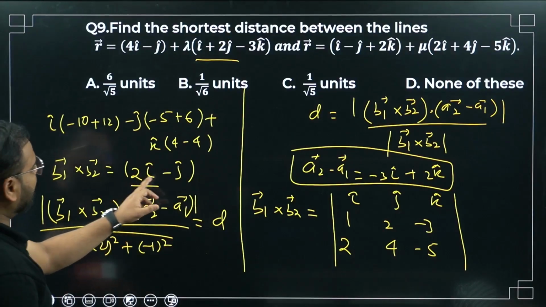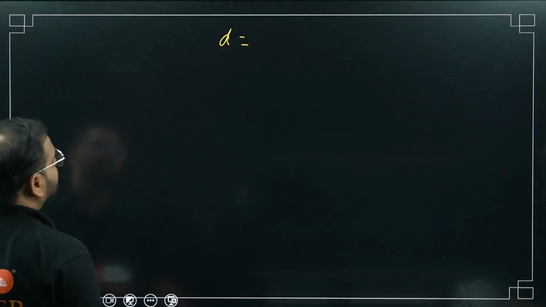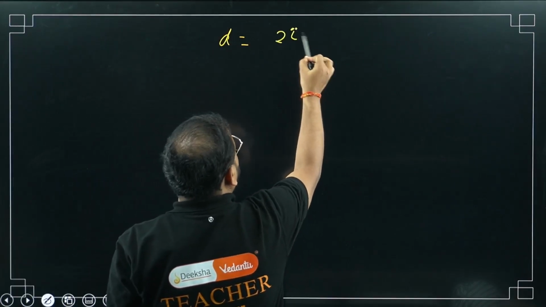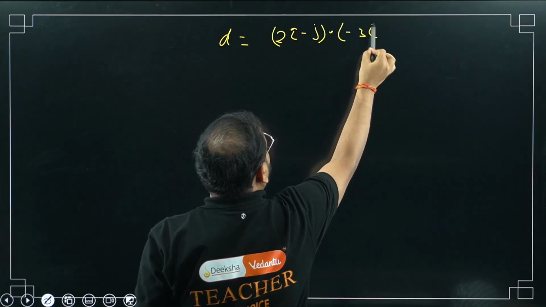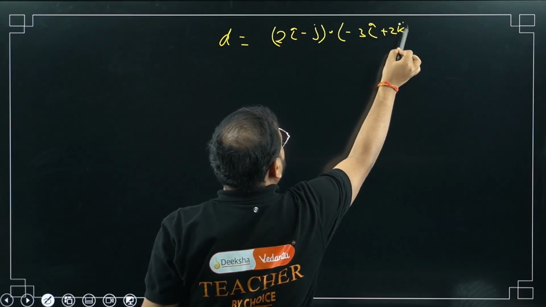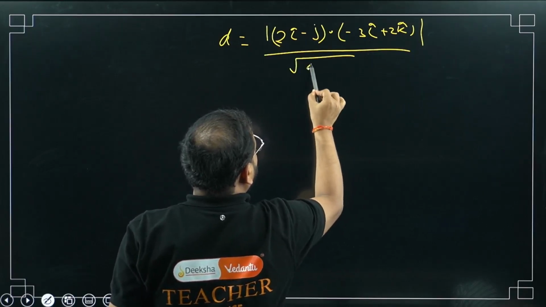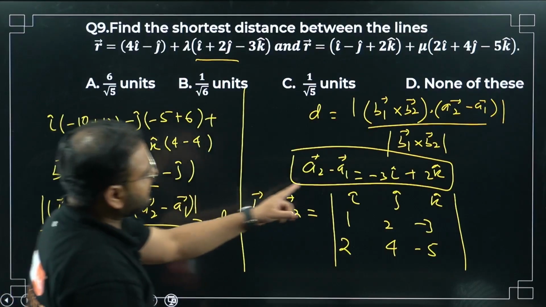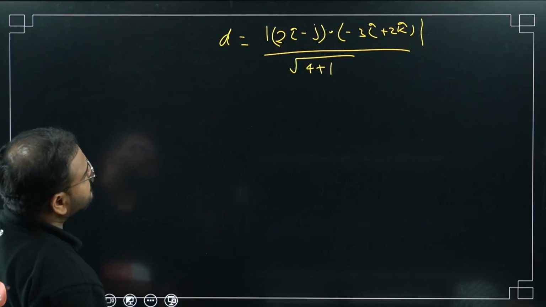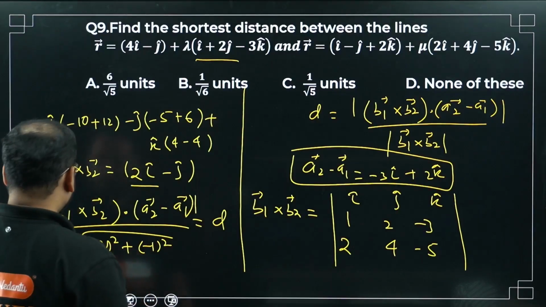So what is the value? 2i minus j dot with minus 3i plus 2k, upon what? 4 plus 1. 2 square is 4, 1 square is 1.